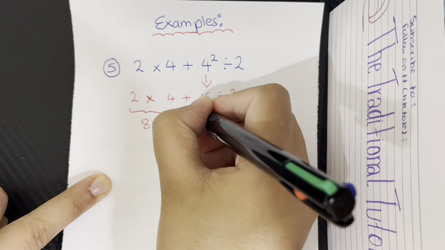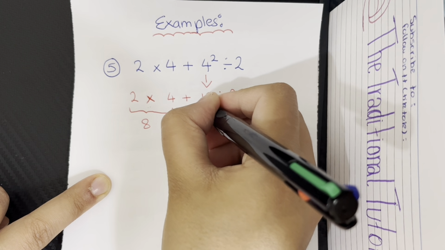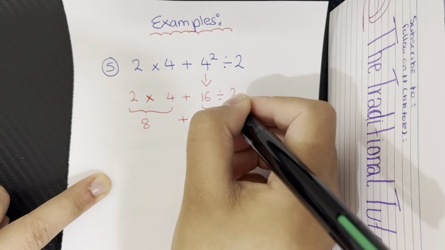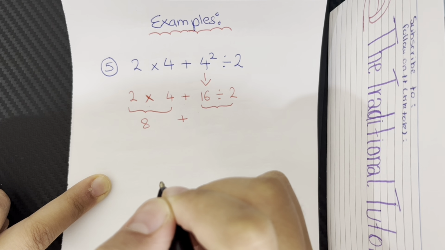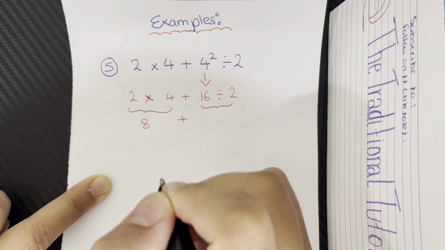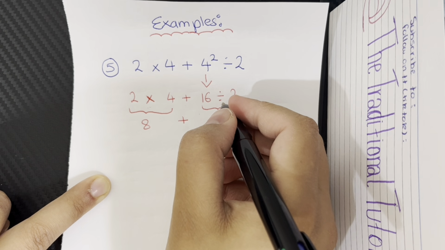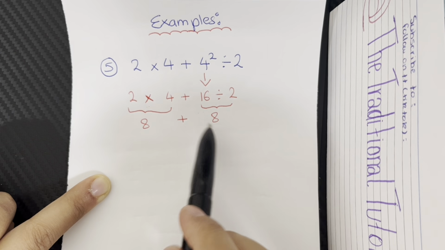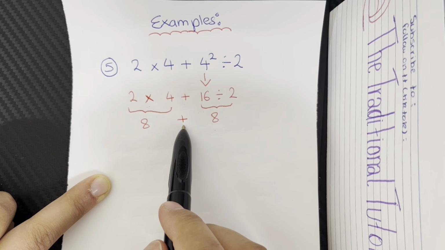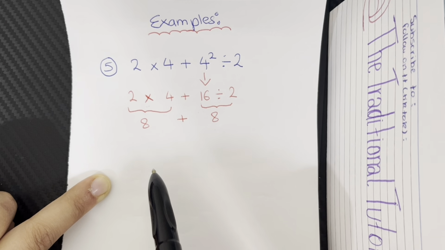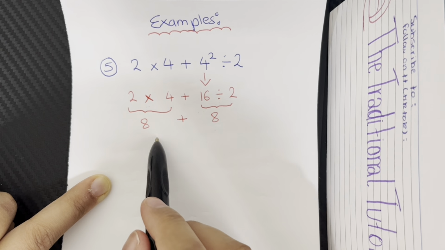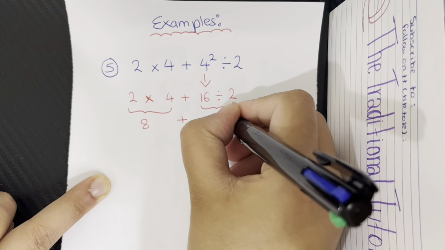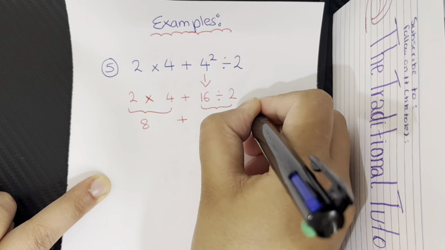So I've got my addition, and then I've also got to be looking at my 16 divided by 2 now, which is going to be 8. And now I can look at my addition sign, lastly. So 8 plus 8 gives me 16.